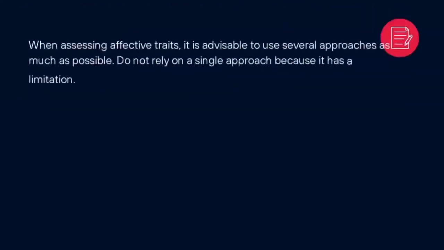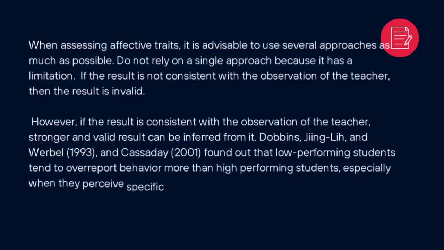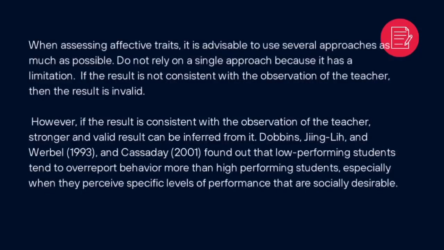Alright? The second point is about using different ways to assess, not just one. For instance, if you only ask students to report about themselves, they might lie or hide their real feelings. So it's better to use teacher observation to check if what the student says matches what the teacher sees.